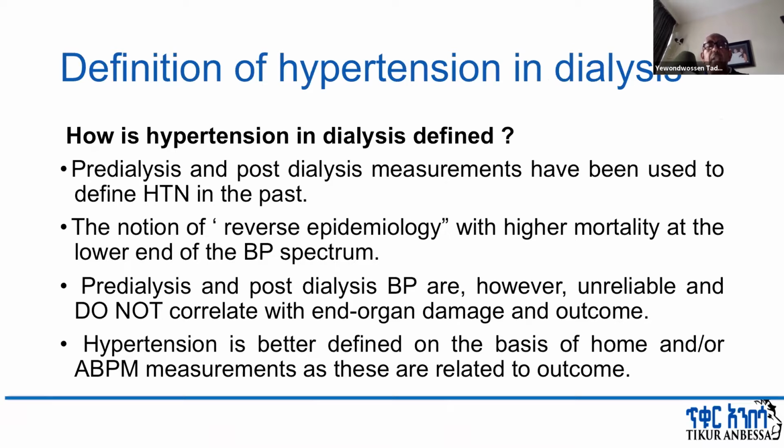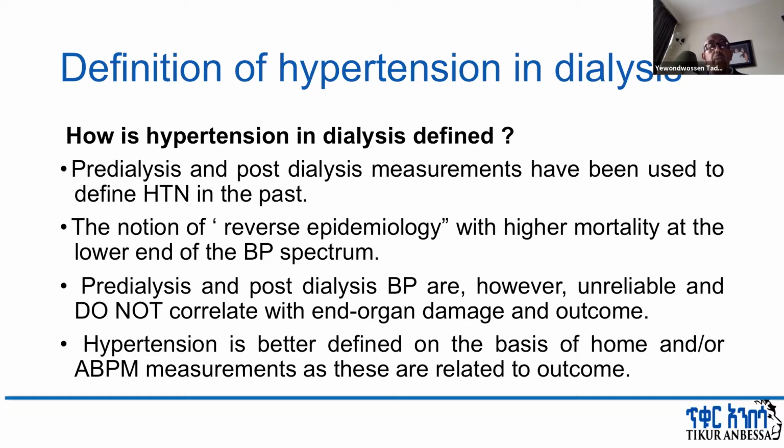But pre-dialysis and post-dialysis blood pressure, we must realize, are unreliable, because we do not measure the blood pressure in our dialysis units using standard blood pressure measurement techniques, including rest and so on and so forth. Patients' blood pressure are measured in a very hectic situation when patients are scared of being needled and so on.